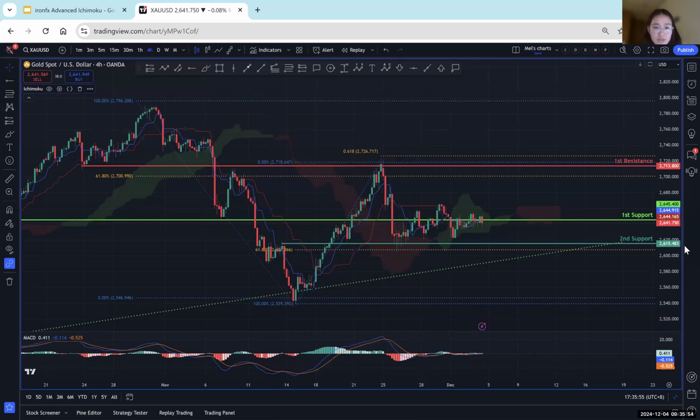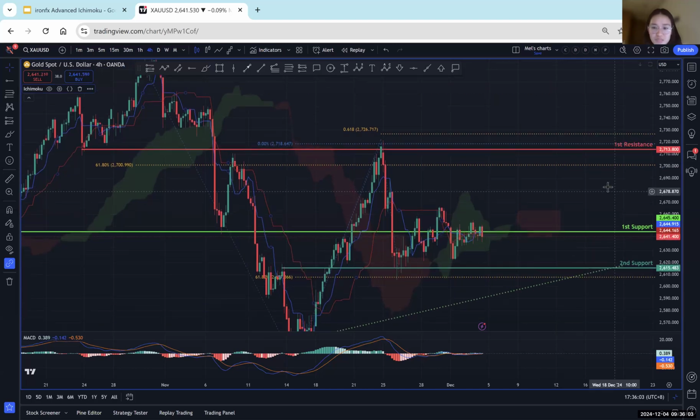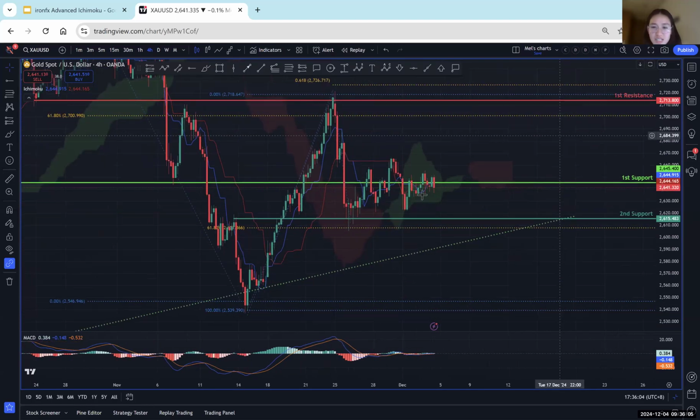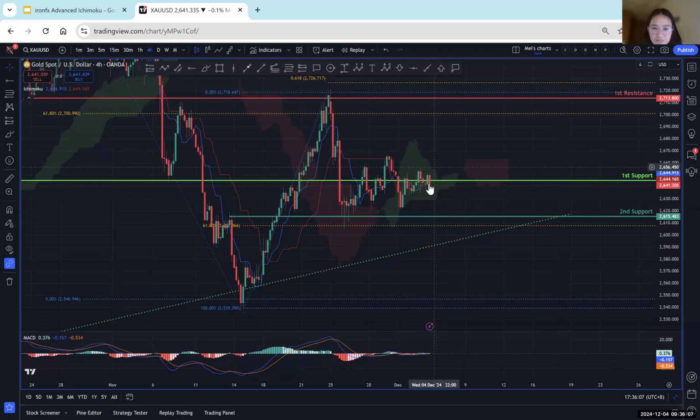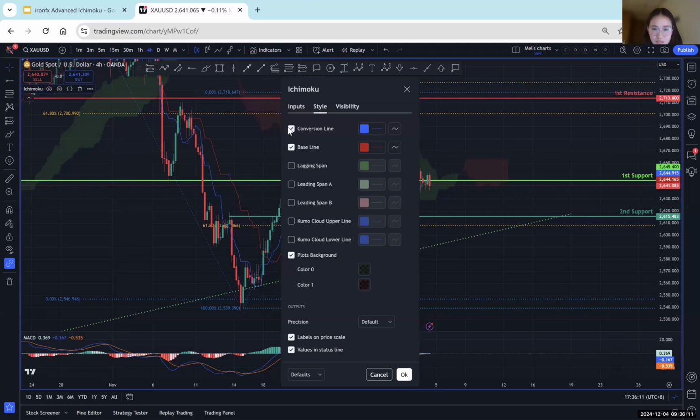When our blue line crosses over the red line, that is a bullish signal. When it crosses below, that's a bearish signal. Here you can see there isn't really much signal, so I'm not gonna go through that. So we've done the first technique.